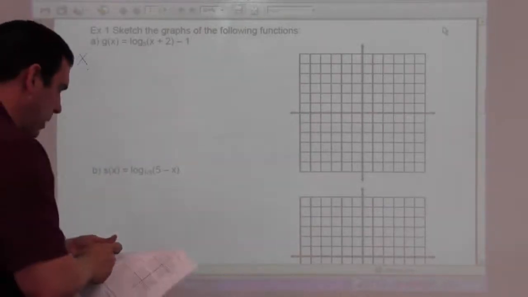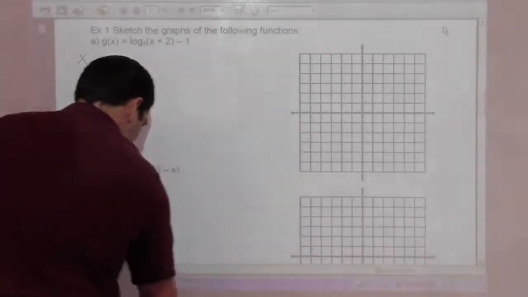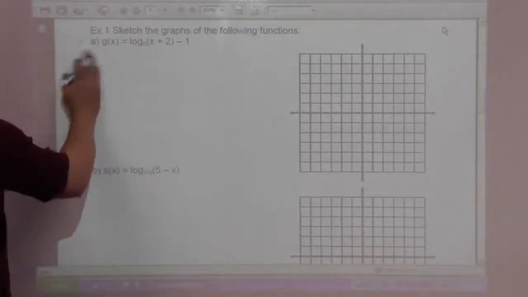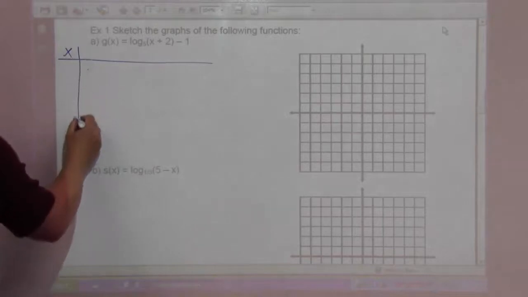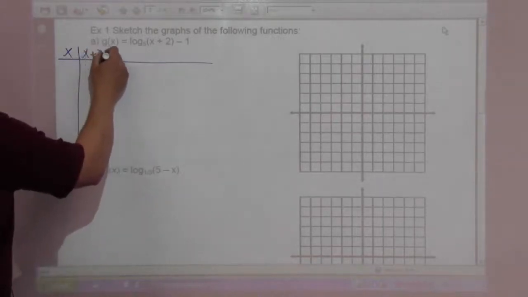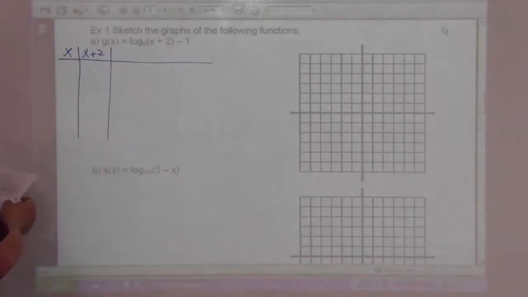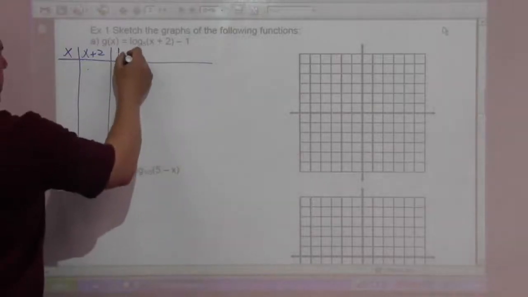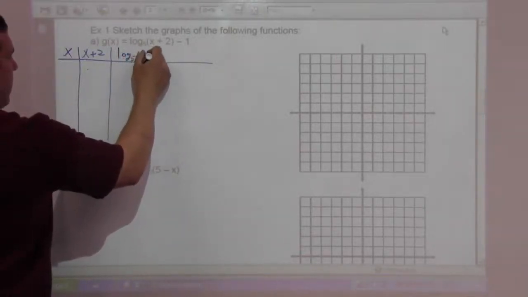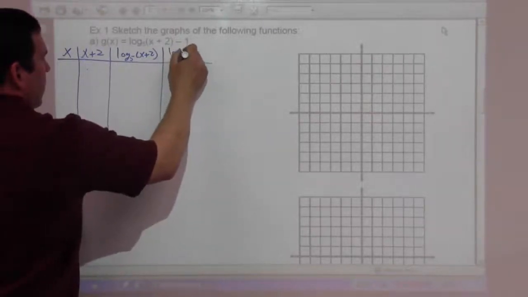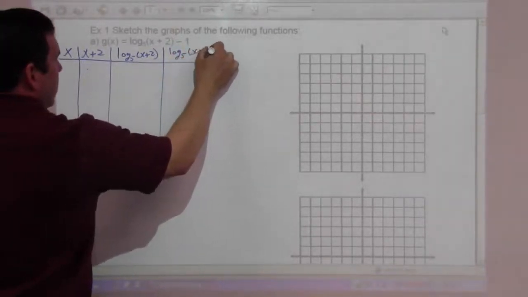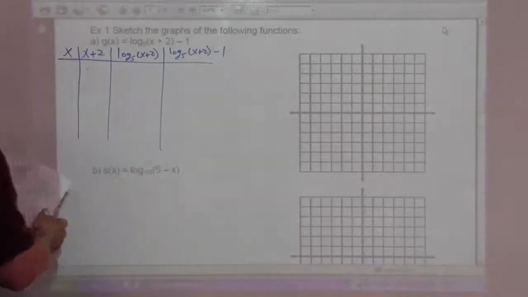Let's have a column for x, a column for x plus 2, a column for log base 5 of (x plus 2), and a column for log base 5 of (x plus 2) minus 1.